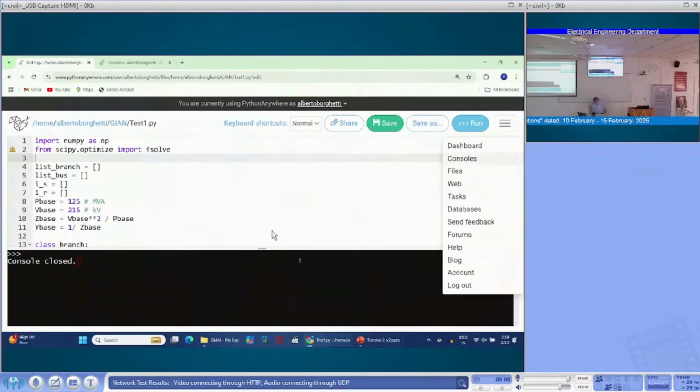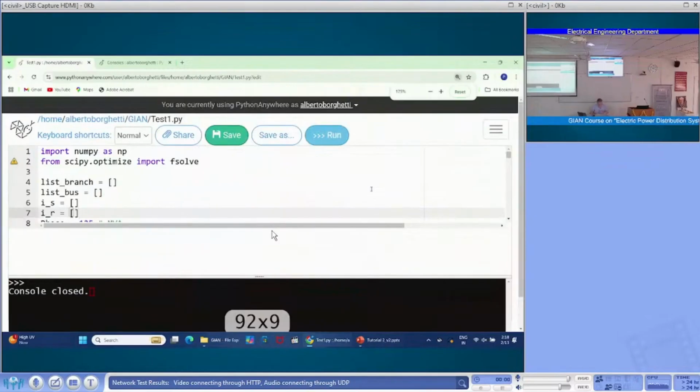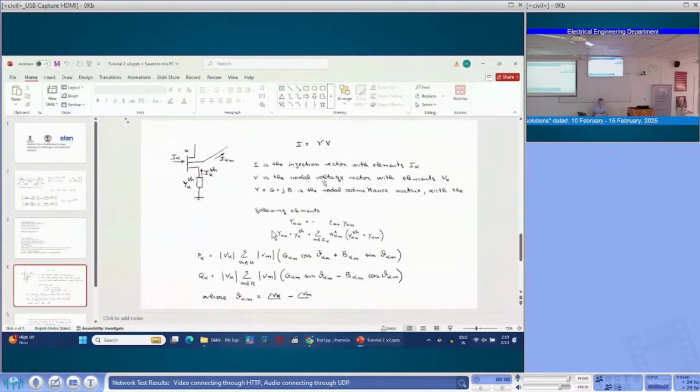Because for me, so I have tried to enlarge, but so we are here, and these are the equations that we need to include.